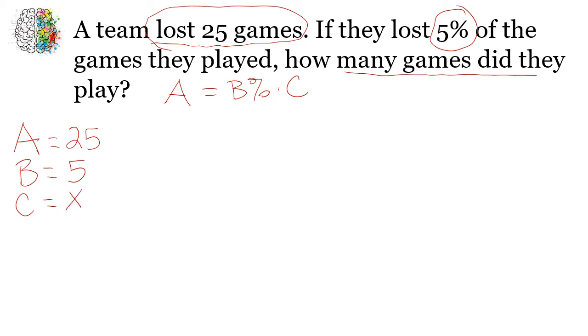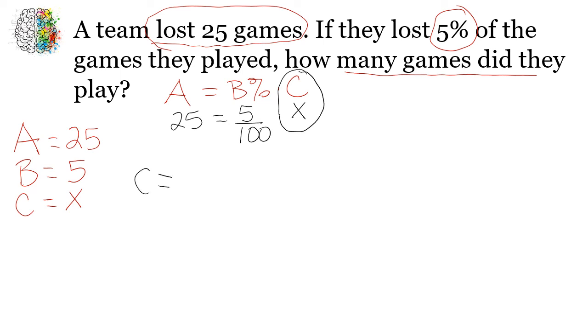So when I put it into my formula, A equals 25, B is going to be 5 over 100, and C is going to be the unknown that I'm solving for. So now, since I'm solving for C, I'm going to use my C equation.